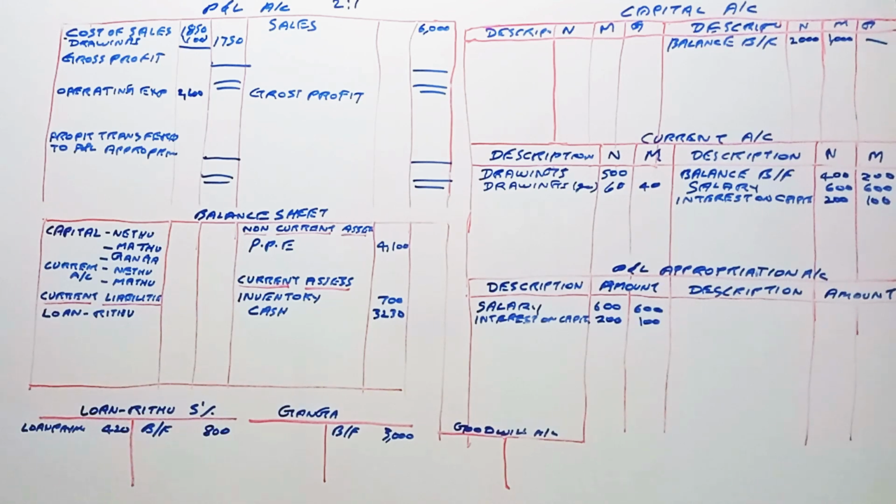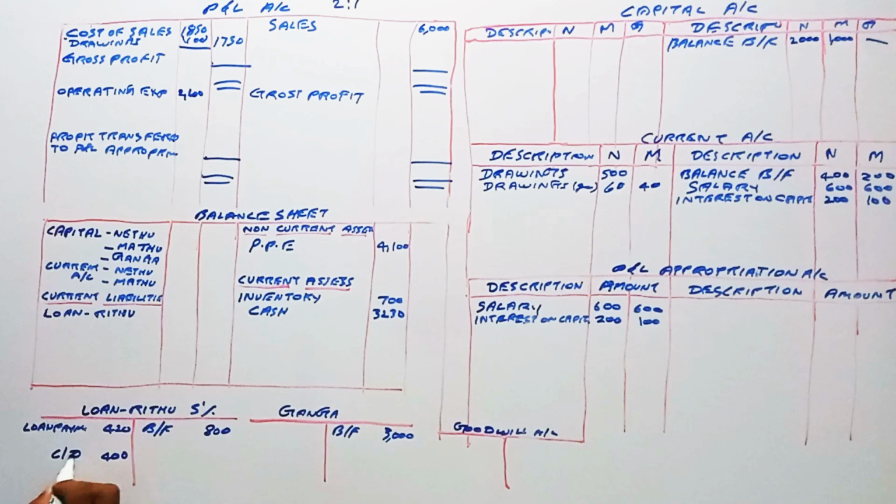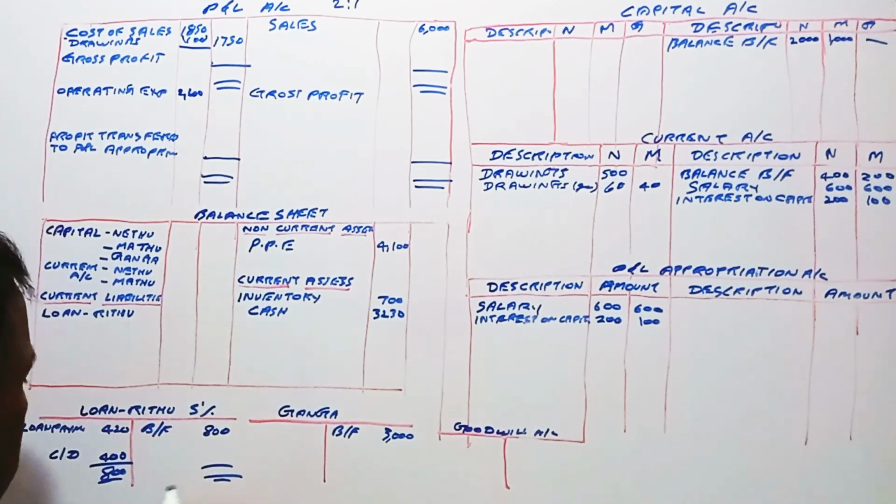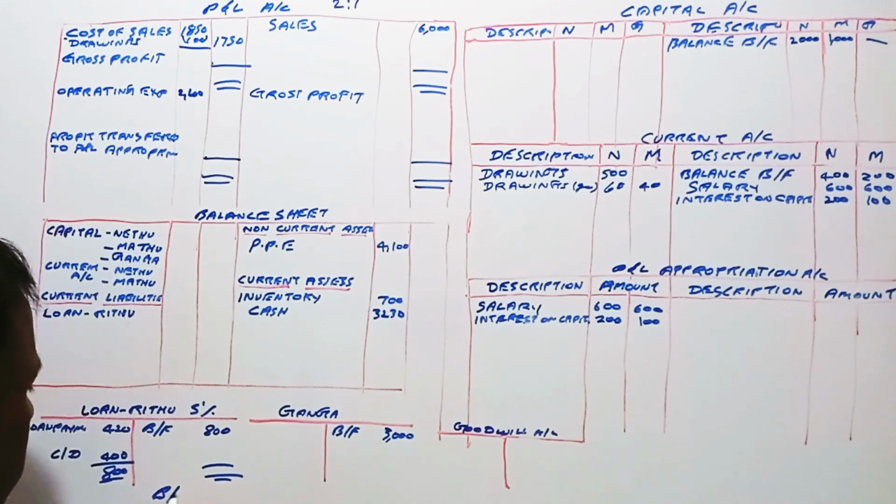And the cash paid to settle 50% of the loan on this date. They have settled 50% of the loan, so the balance carried down will be 400 out of 800. So the balance brought forward will be 400 for the next year.